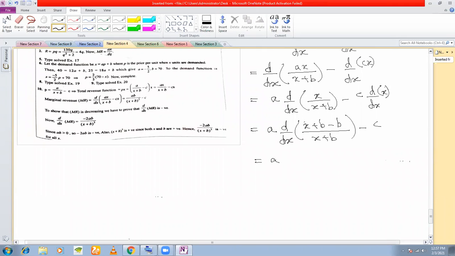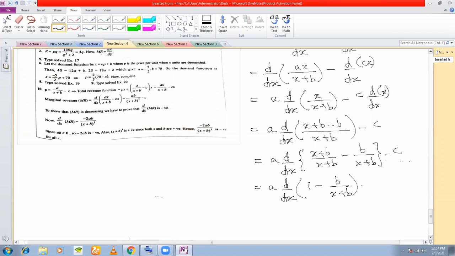Now if you separate X plus B, this becomes X plus B by X plus B minus B by X plus B, isn't it? Minus c. So this means a d dx of 1 minus B by X plus B, minus c.